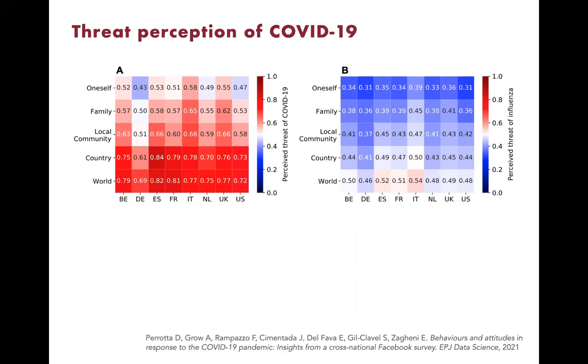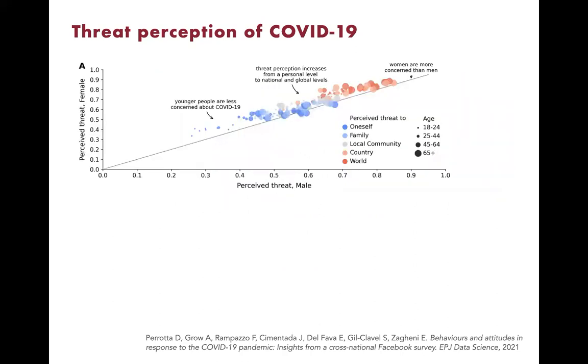And another interesting pattern we can see here is that in both variables, the threat perception increases from a personal level to more national and global levels, which is even more evident in this plot when we look at the threat perception by demographic groups.